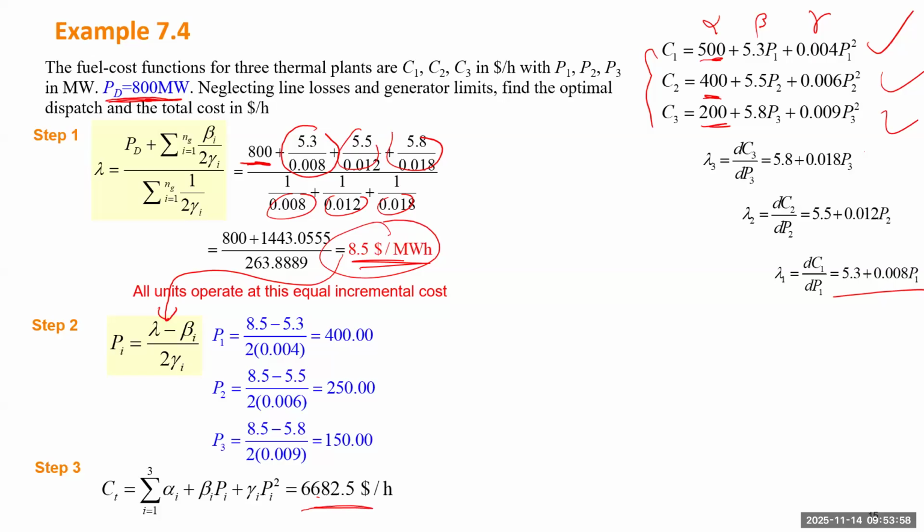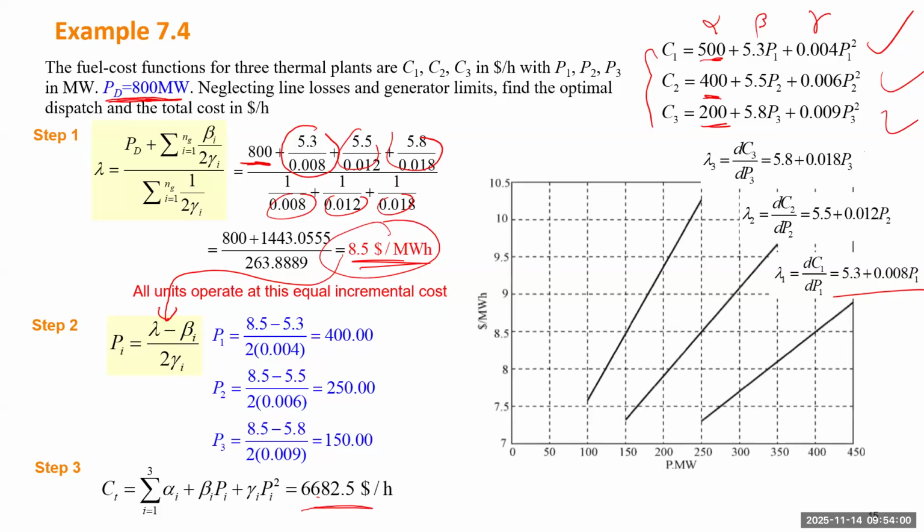So if we visualize those 3 price functions, which will be the 3 straight lines in this plot, X is P, which is actually output of the power. Y is basically just price. So they have a linear price. And from our step 1, we know they have to operate at $8.5 per megawatt hour, which indicates a horizontal line at 8.5.